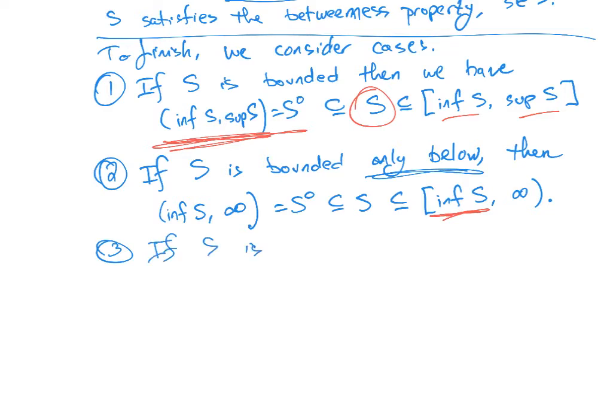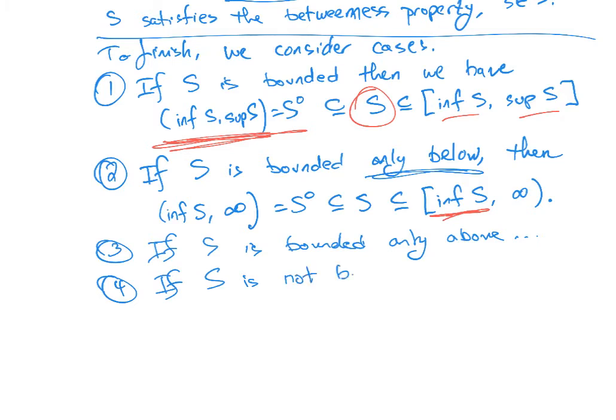If S is bounded only above, that would be case 3. It's exactly the same, but with supremum instead of infimum. And if S is not bounded on either side, that case 4 is really, really easy.